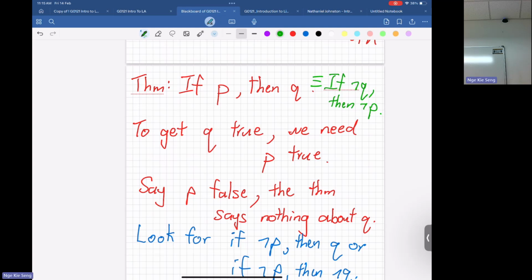So this is some logic you need to be aware of. If there's only one direction, then there's only one direction. You can go backward, but if you go backward, you need to put not on both sides. Otherwise, you need to look for a new connection.